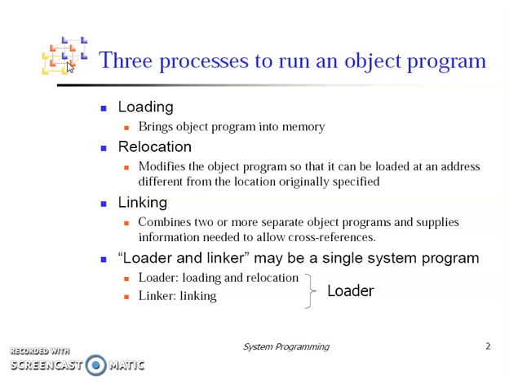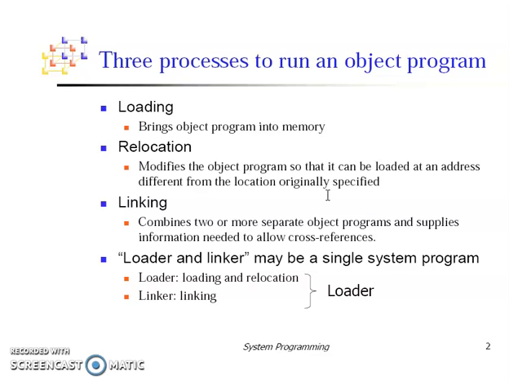The loader mainly performs three functions: loading, relocation and linking. Loading brings the object program to memory, that is, some allocation is done for the object program so that it can start its execution. Relocation helps in modifying the object program that is located at an address different from the location originally specified, based on the address.